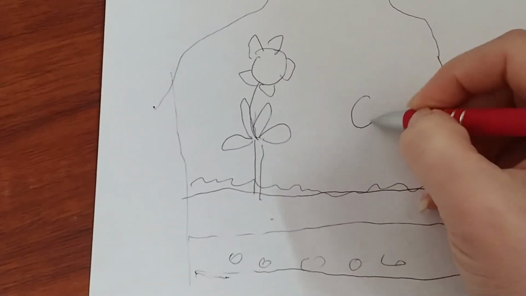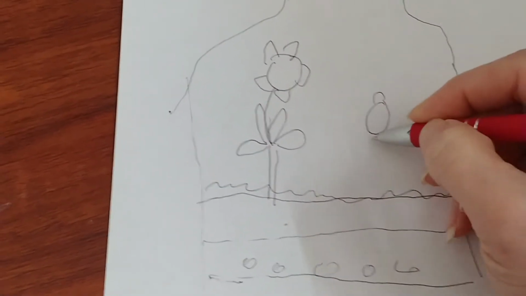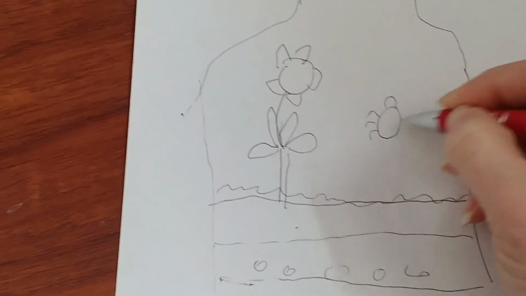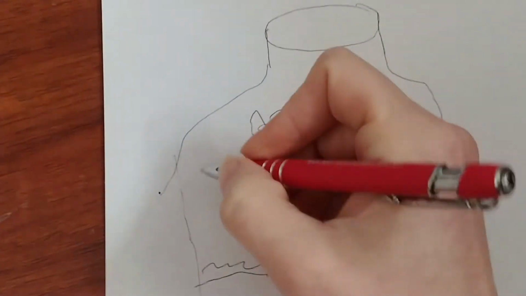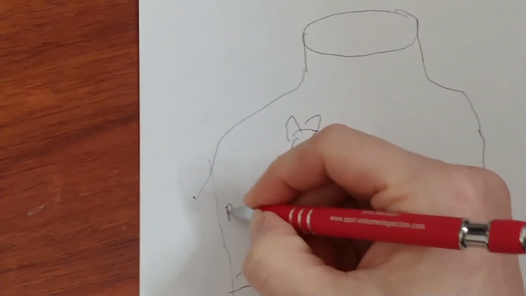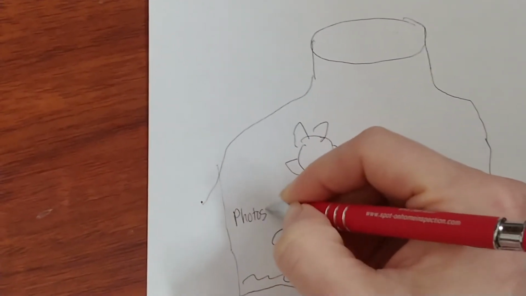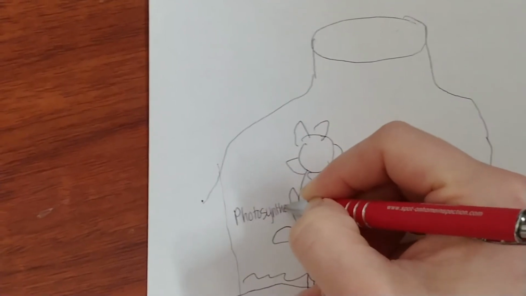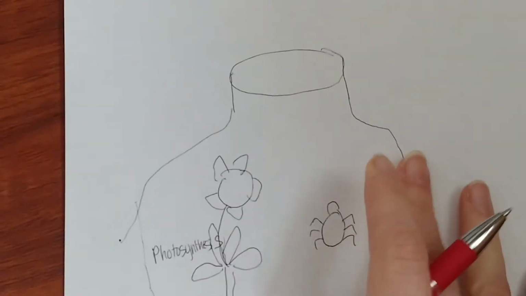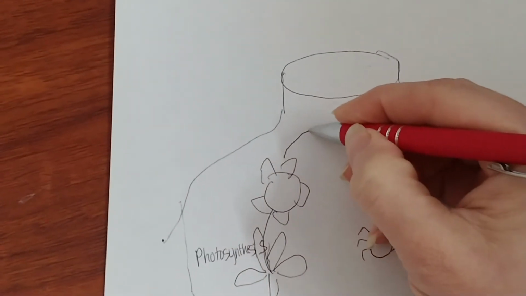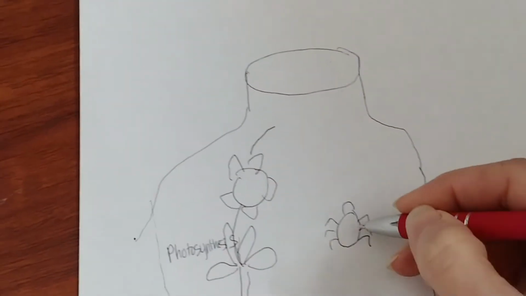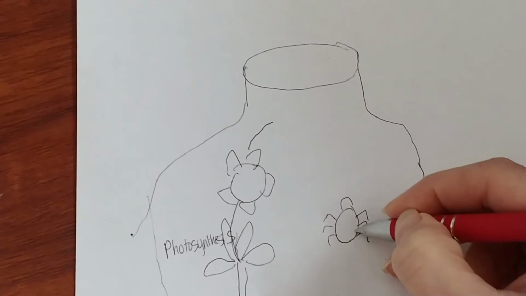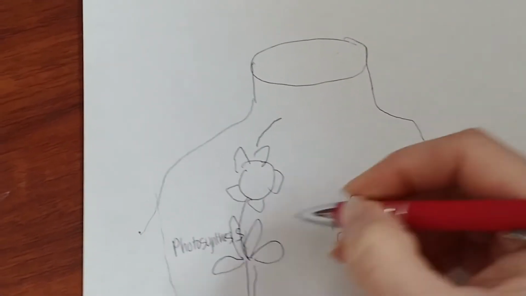And I have a bug. Nice insect there. So, the plant is going to go through photosynthesis. At night, when it goes through respiration, it's going to give out O2, which is going to allow that bug to breathe.